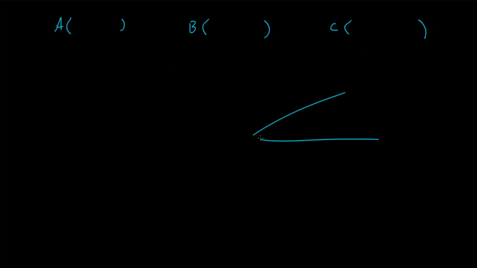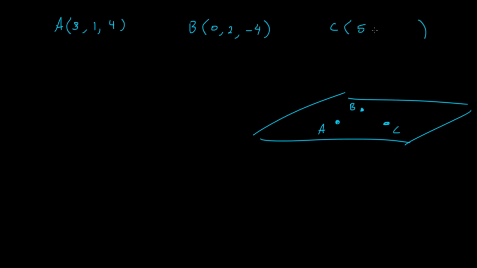So if I have a plane with 3 points in it, A, B, and C, can I find an equation of this plane? That is the question. And I'm going to give you some points. 3, 1, 4. 0, 2, negative 4. And 5, negative 2, negative 7.